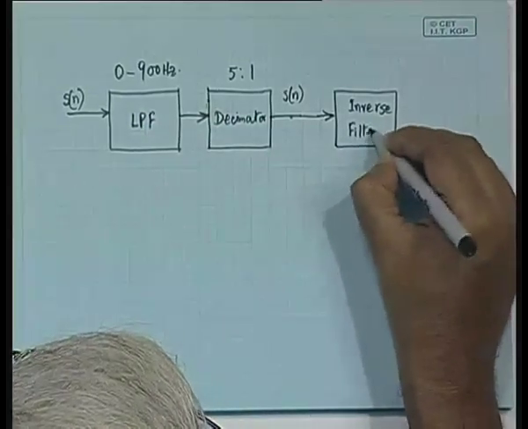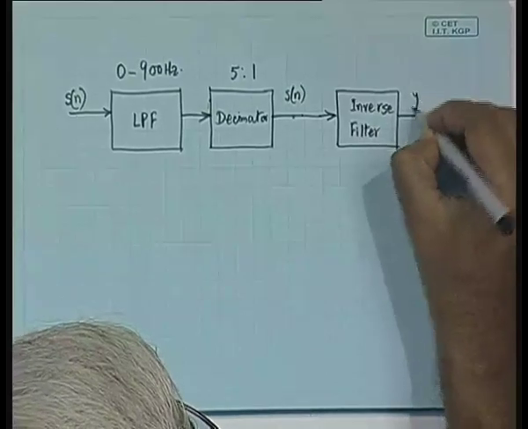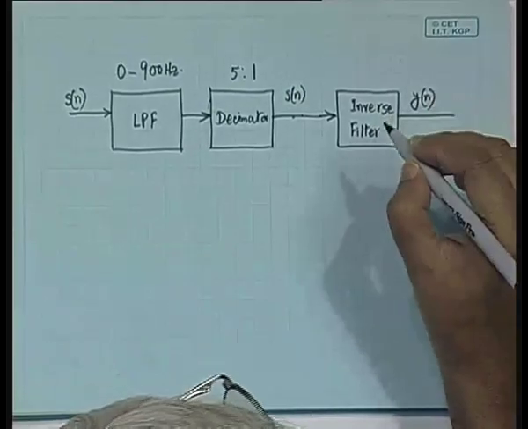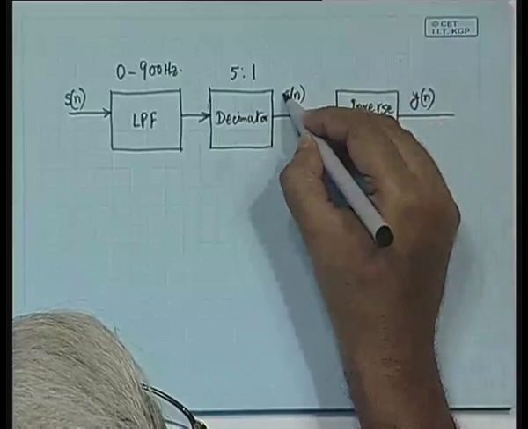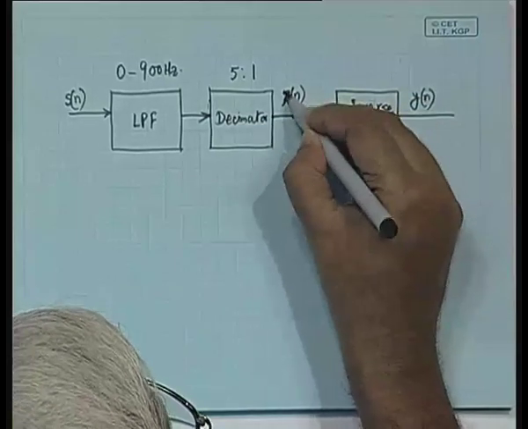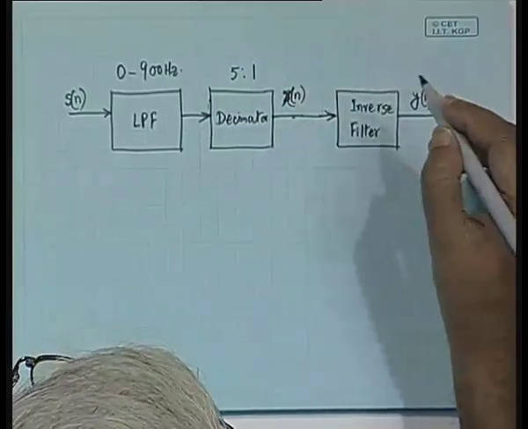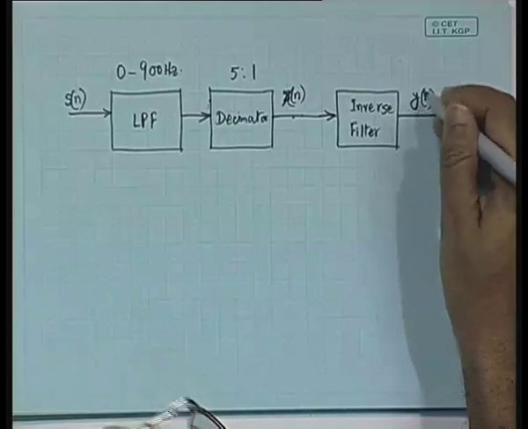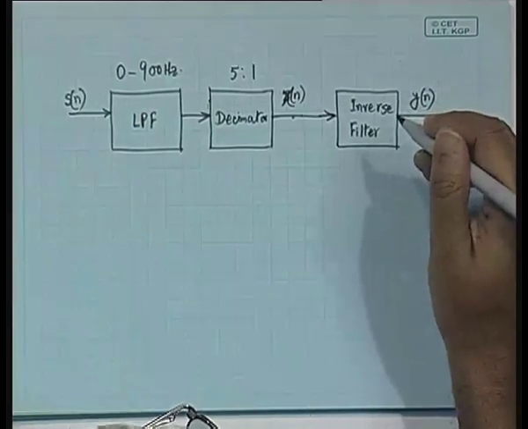At the output of the filter we will be referring to the output as y of n. In fact, let us call x of n the decimated signal, and y of n the output of the inverse filter.